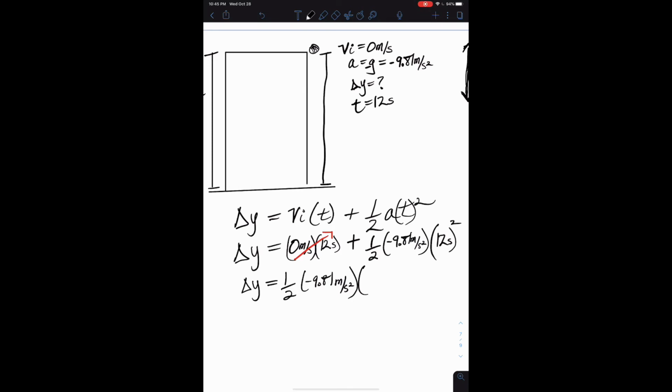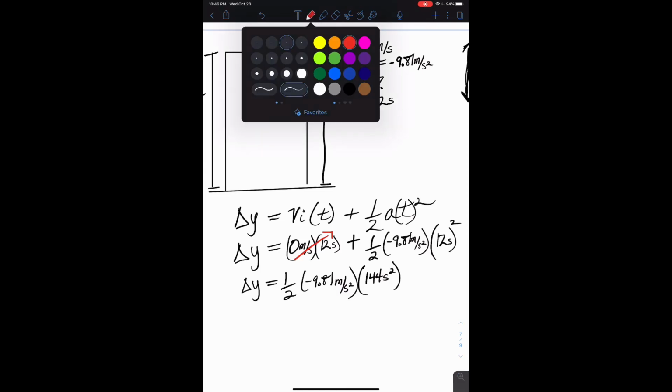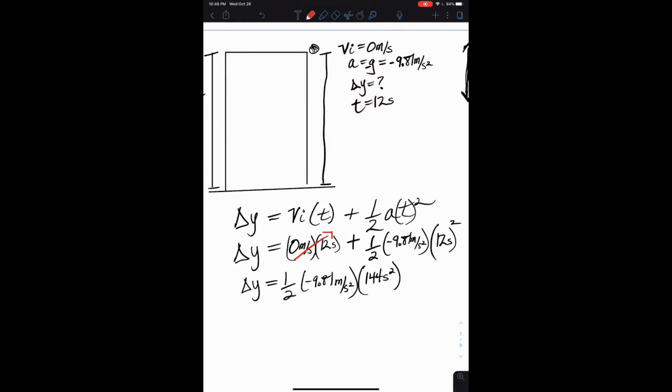It really does help if you follow your units and watch what they do, because you can use it to error check as you go. If your units are wrong, you probably did something wrong. So we can see here that the 12 gets squared, but so does the seconds next to the 12. So we end up with 144 seconds squared. That's important because now the seconds squared can cancel the seconds squared.